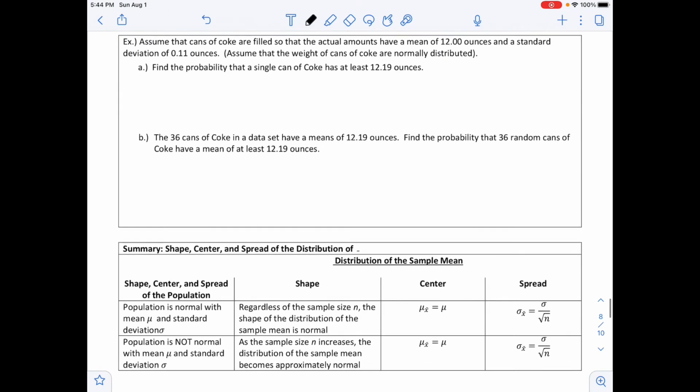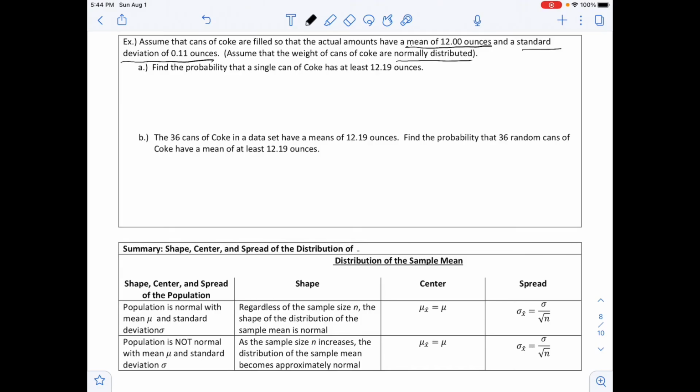Right below this we have another example. It says assume that cans of Coke are filled so that the actual amounts have a mean of 12 ounces and a standard deviation of 0.11 ounces, and assume that the weights of cans of Coke are normally distributed.